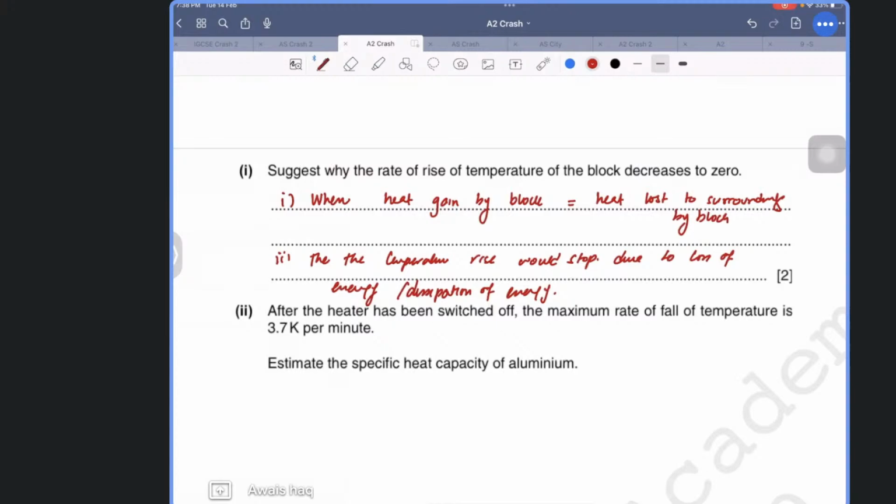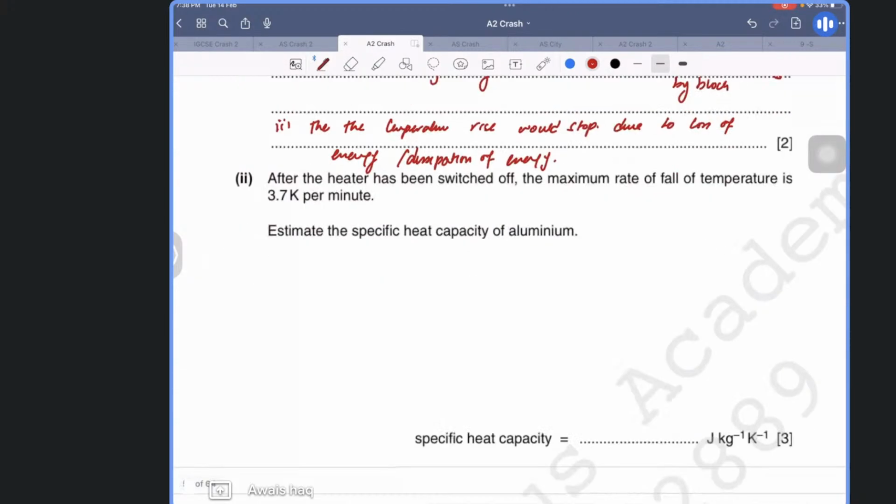Okay, sir. Okay. Then it says after the heater has been switched off, the maximum rate of fall of temperature is 3.7 Kelvin per minute. Estimate the specific heat capacity of this. Now, you should understand what we are doing, all right?